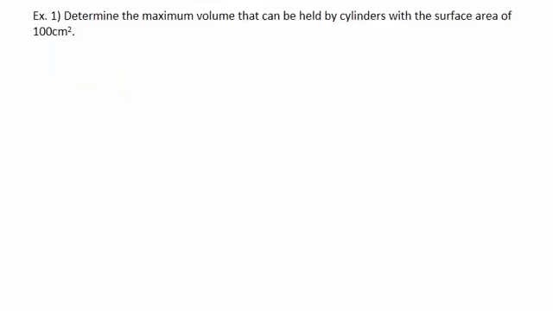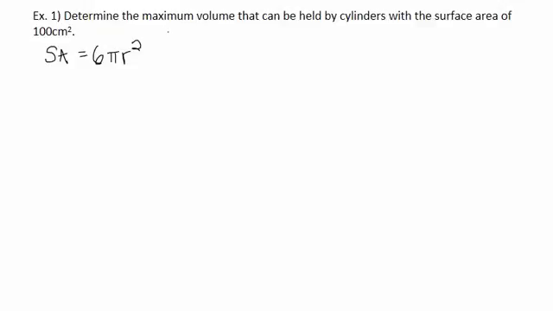Let's now look at some examples. Determine the maximum volume that can be held by the cylinders with the surface area of 100 centimeters squared. So let's use our surface area formula that we derived above, plug in this number, find the value for the radius, and then we can use that value in the volume formula to come up with the actual volume. So from above, we know surface area is equal to 6 pi r squared. And we know to use these formulas because the question says determine the maximum volume. So we know what's our optimization or maximum and minimum equations.